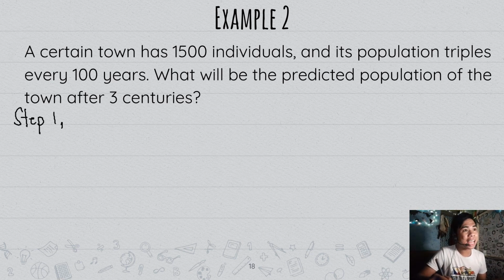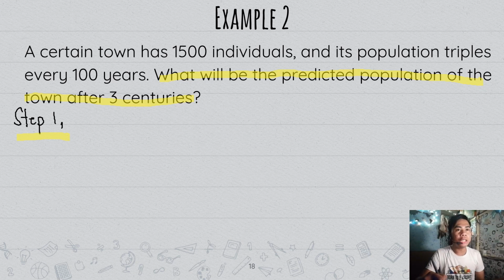So what is asked? Maybe I'll just highlight what is asked here. So this is the question: what will be the predicted population of the town after 3 centuries? So that would be for our step 1.